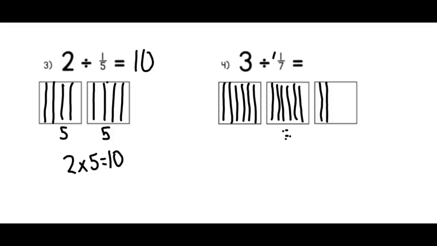My marker is really giving me problems today. So I have 7 pieces in this square, 7 pieces in this square, and 7 pieces in that square. When I put them all together, I end up with 21 pieces. Looks like 3 times 7.